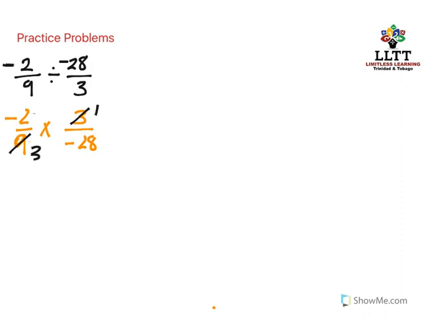Then I'm looking at -2 and -28. They are both even numbers, which means that they can be divided by 2. So -2 divided by 2 will give me -1. And -28 divided by 2 will give me -14.